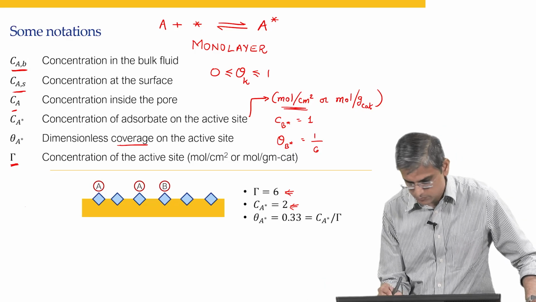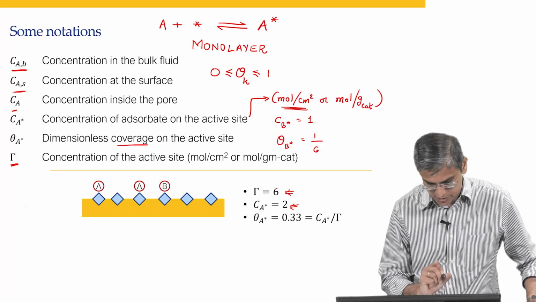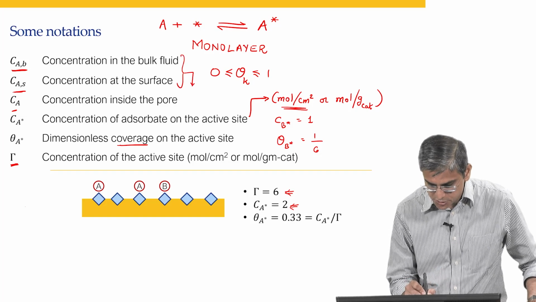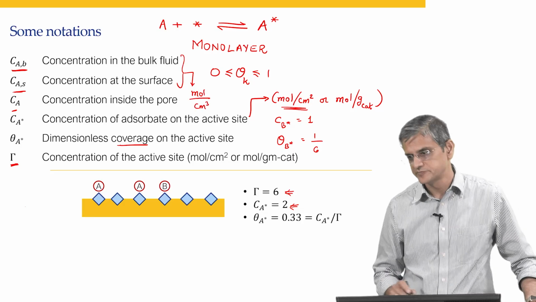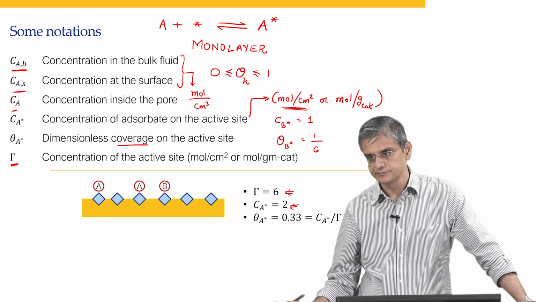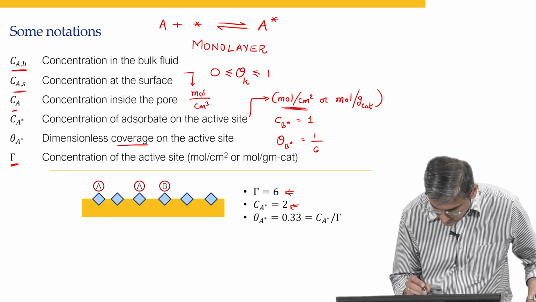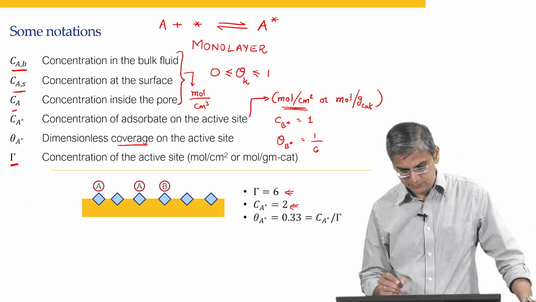CAS depends on the situation, but typically it is moles per centimeter cube. All of these three.